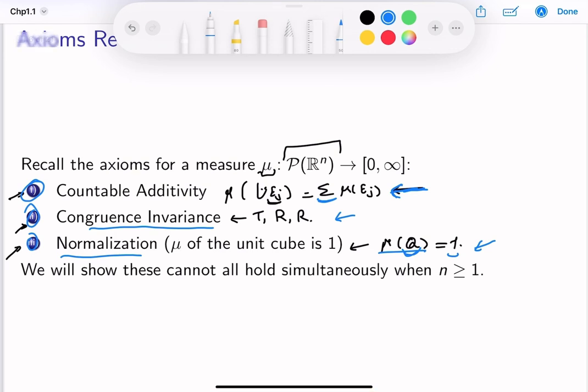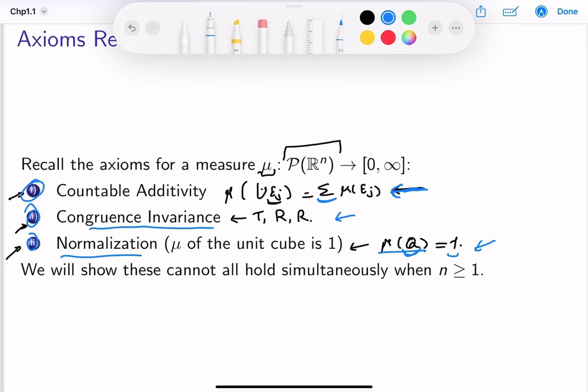And you do want the measure of a bounded set to be finite, right? You don't want to define something absurd. So bottom line is, no, we cannot let go of any of these properties. We need them all. These are very important, common sense properties.